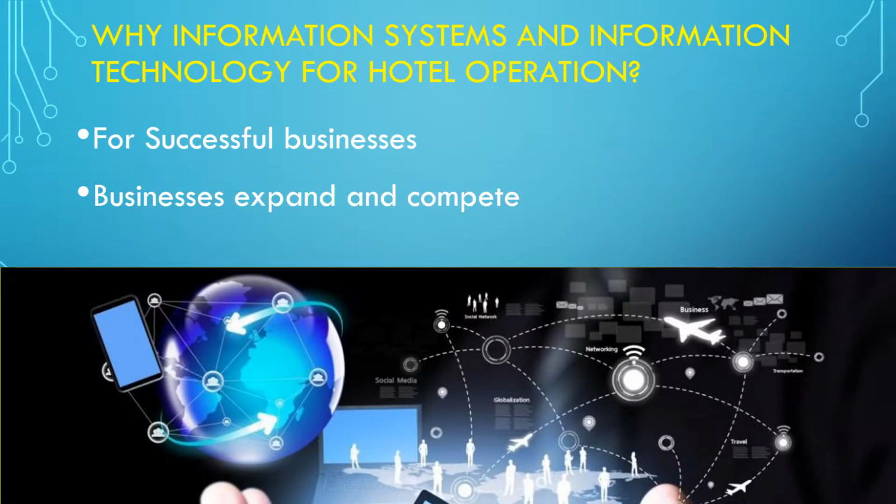Before understanding the softwares, we need to understand why the hospitality industry uses several types of systems. According to this slide, you can see there are actually three reasons explained.